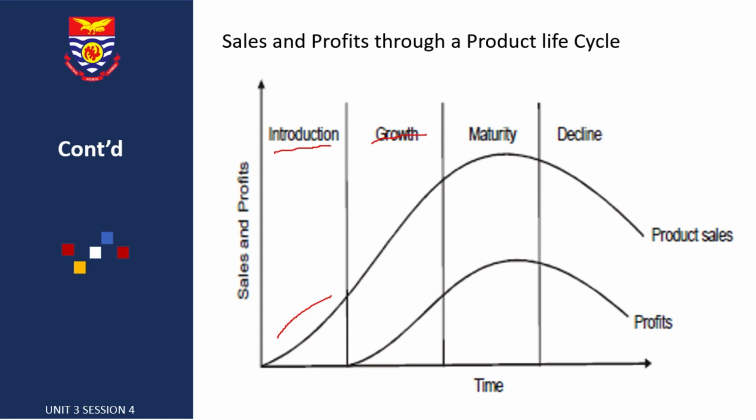At this stage, the marketer begins to realize profit because sales increase at an increasing rate. Many people decide to buy the product because it has been advertised and is well known by a lot of people. At the growth stage, competitors begin to set in.